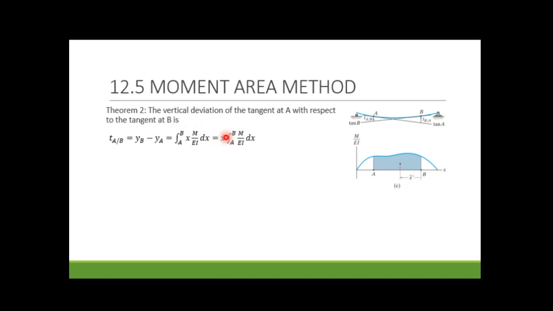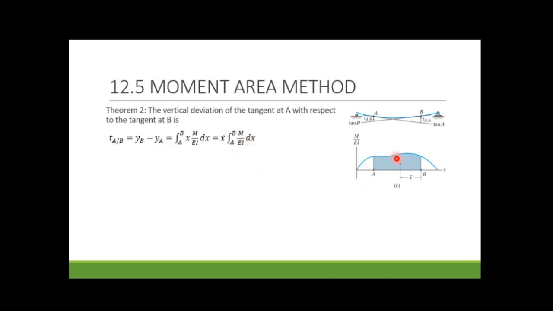The x prime is the distance between the centroid of the area and point B. So the multiplication of this term and the total area is equal to the vertical deflection change. In other words, v_B minus v_A is equal to this term.